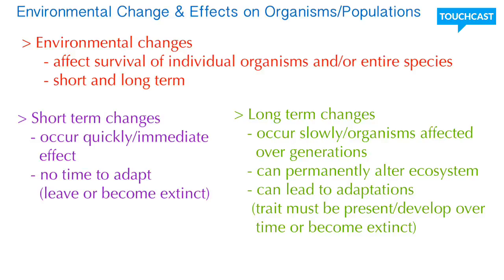Short-term being those that happen very quickly, so there's not really any time to adapt, and long-term changes happening over a longer period of time, so organisms do have an opportunity to adapt to those changes. We'll get more into that in a minute, but first let's see some examples of short and long-term changes.